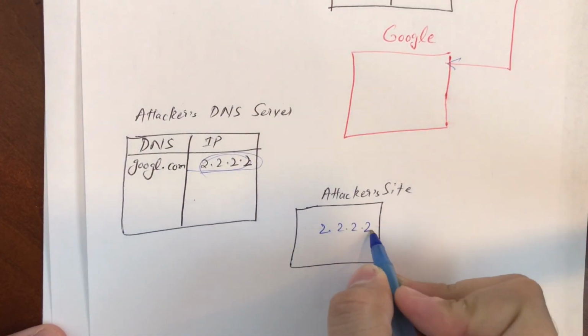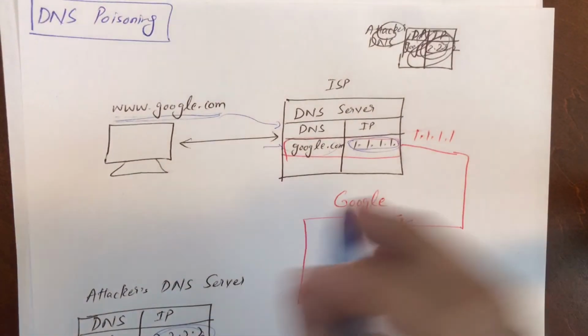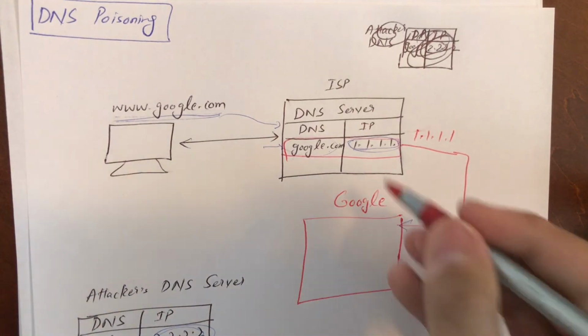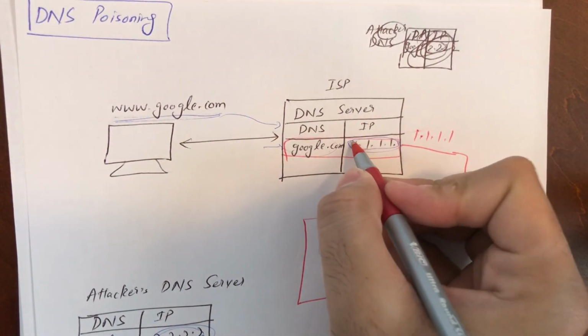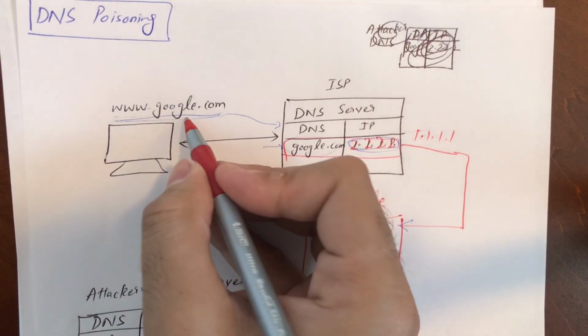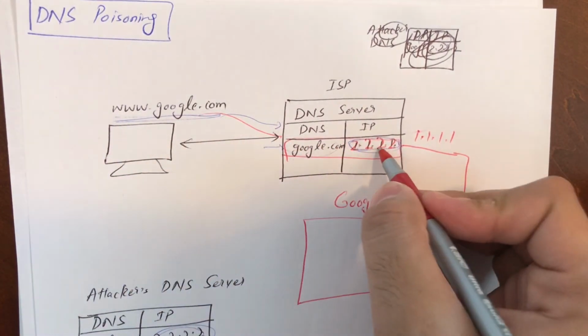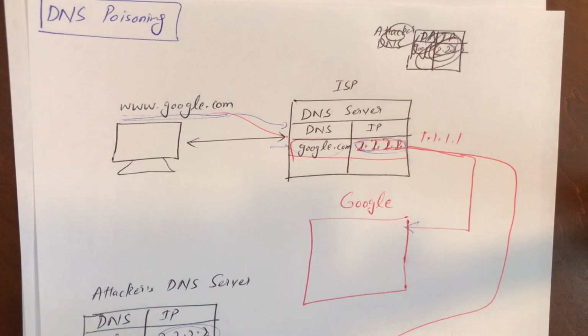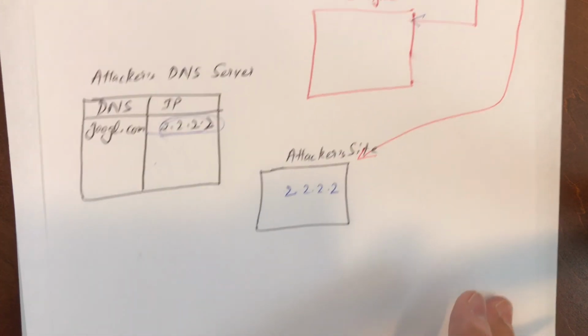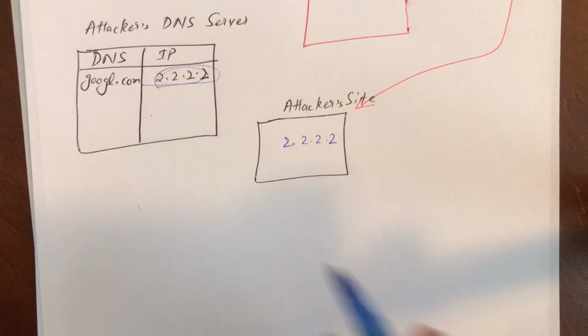So what will happen if the attacker successfully does it? The attacker can modify 2.2 with 2.2. Now if the user types google.com but the DNS server redirects you to the attacker's website, this is called a DNS poisoning attack, which is not that easy of course, but it is what it is.